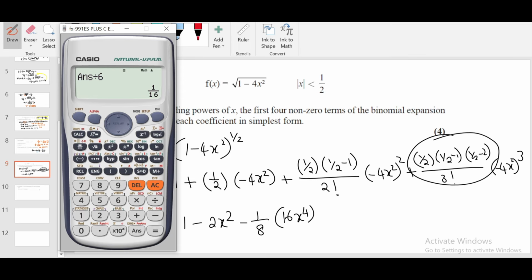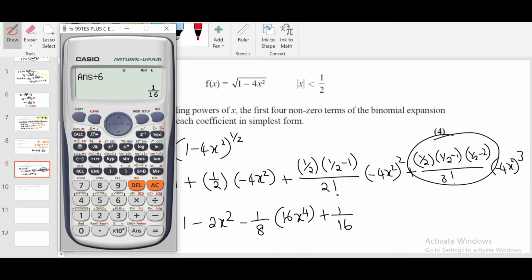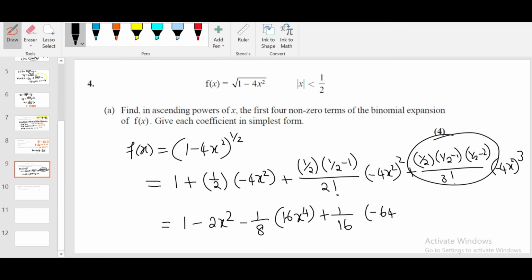It's going to be positive 1 over 16. Is it 16? Yes. 4 cube is 64. So it's going to be minus 64 x cubed. Now simplify them. You will get 2 here.